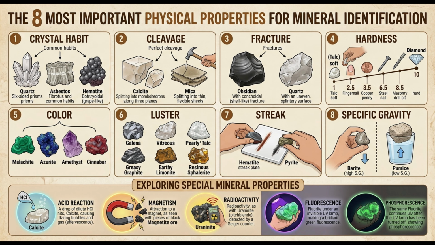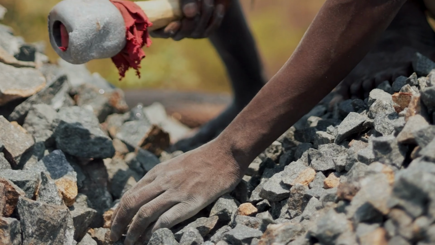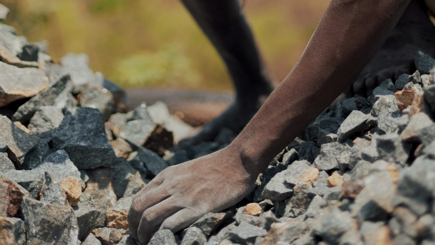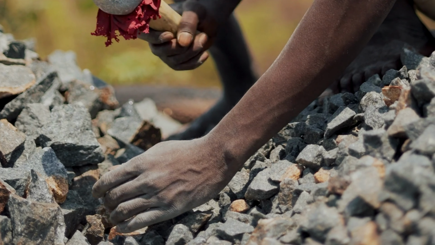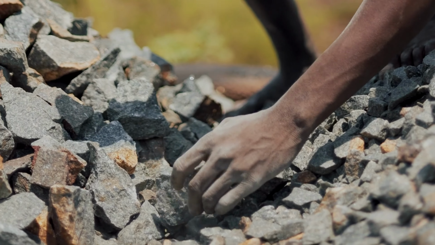At the end, we will also explore some special properties such as acidic reaction, magnetism, radioactivity, fluorescence, and phosphorescence. So stay until the end, because by the time this video finishes, you will be able to examine an unknown mineral like a real geologist.